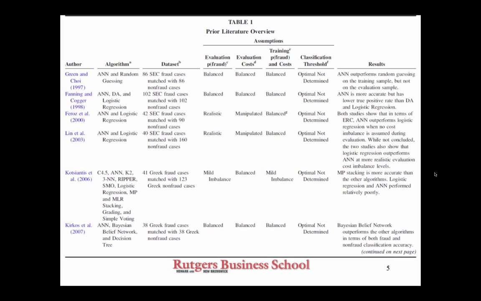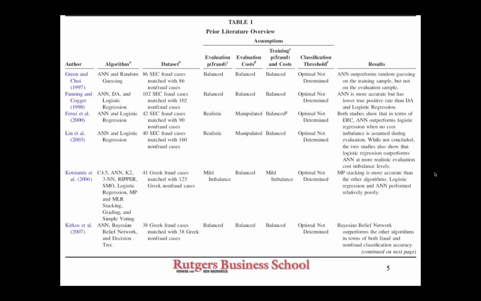So again, I think that this evaluation is pretty generous. Because look at this. This says realistic. Well, come on, this is 32 versus 90. I mean, it's not particularly realistic. So basically, what this table shows is the following: that very few studies even attempt to deal with the problem of extreme unbalance in the sample.